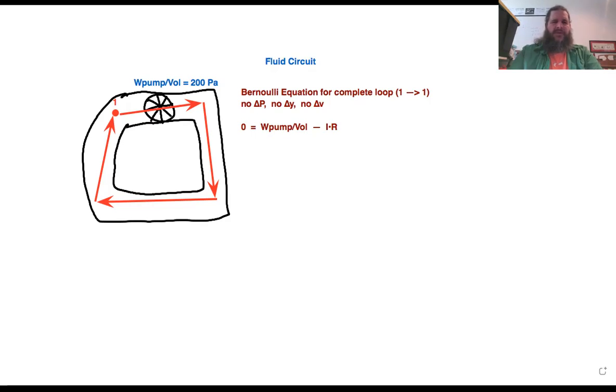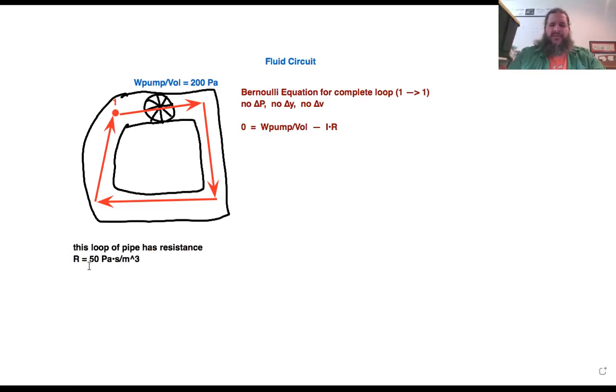Let's say we happen to know that the resistance is 50, what are the units for that? Pascal meters cubed per second, no, Pascal second squared per meter cubed, I think. Sorry, Pascal seconds per meter cubed.